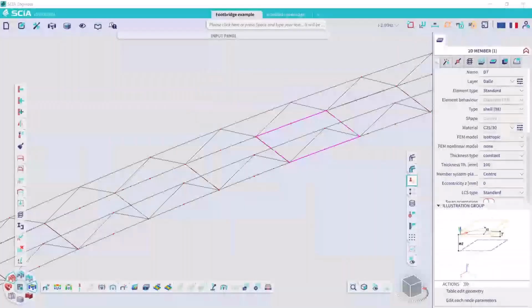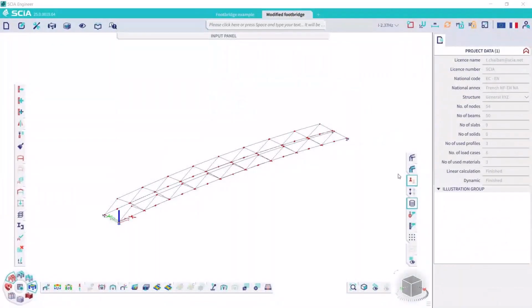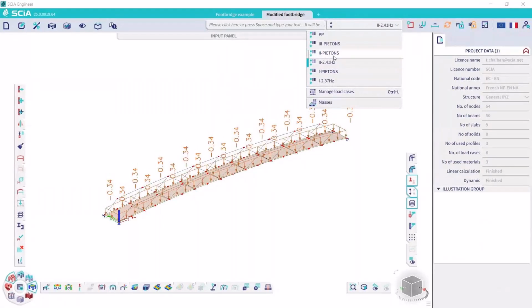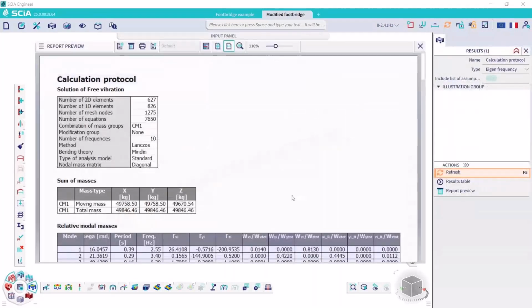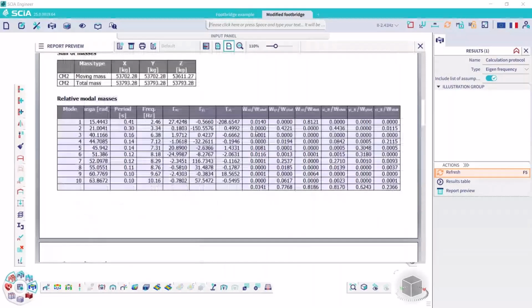So I will open the model of the modified footbridge. We have also created the load case for class 3, 2, and 1, as usual. And so for class 3, if you look at the calculation protocol for combination CM2, we can see that the frequency is of 2.46, so we are in range 2.